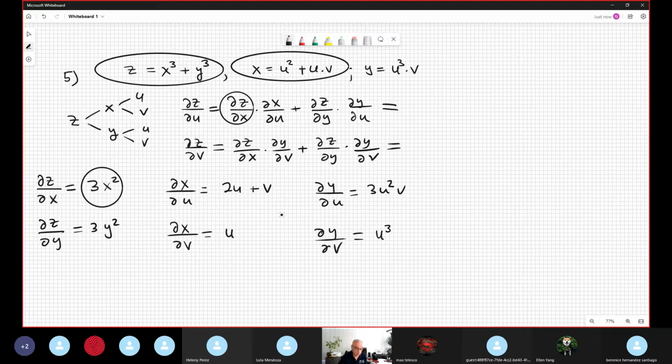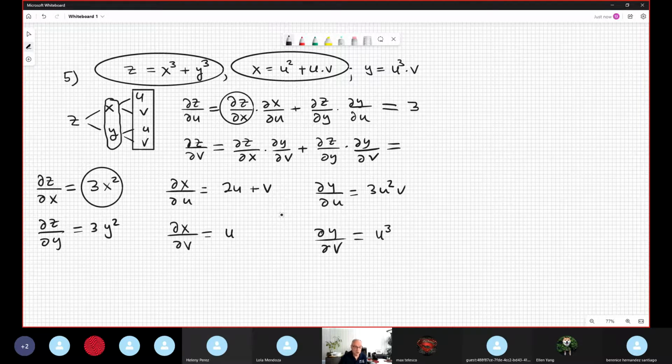Do you copy? You copy 3x squared, but who is x? X is this. So the final answer, you need to express it as a function of the independent variables. And x and y no, because x and y are intermediate variables. So my final answer is expressed using u and b, the independent variables in my problem.